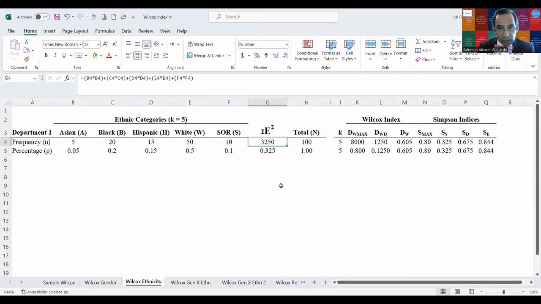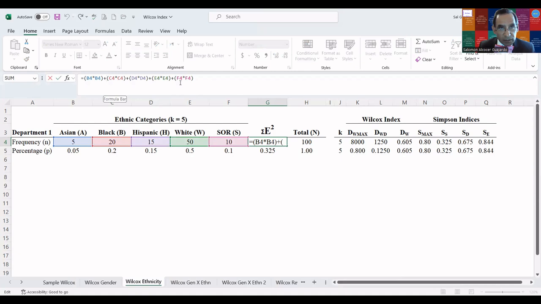When I sum the frequencies and I square them, that's going to be 3250. What I did in previous episodes, you notice that I used the power function here. I just multiply the frequency times itself. The formula on how to square the frequencies is provided on the screen.